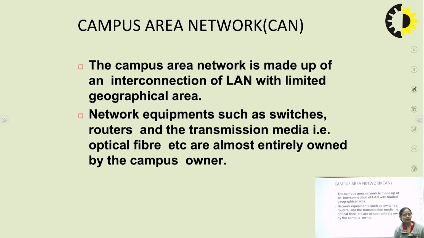Basically it is entirely owned by the campus owner. For example, in universities we could have the campus area network. If you go to a historical building, for example a museum, and you get connected with its internal network, then that is an example of the campus area network.